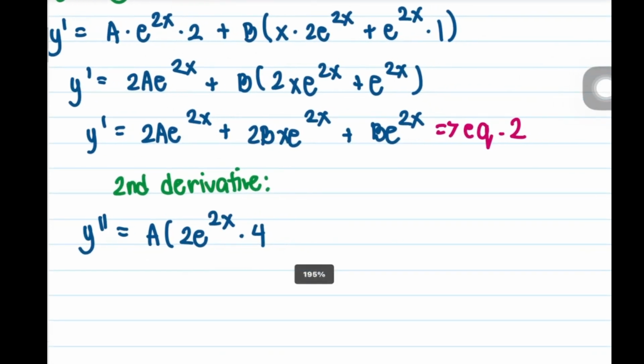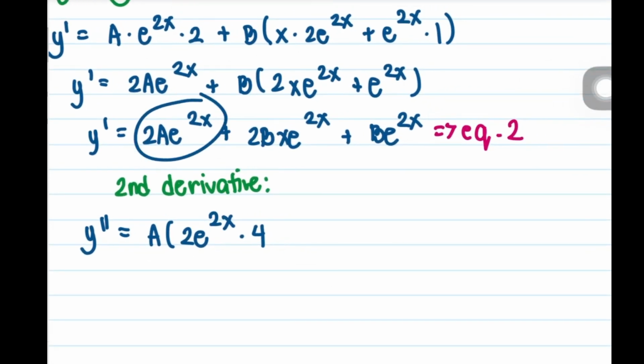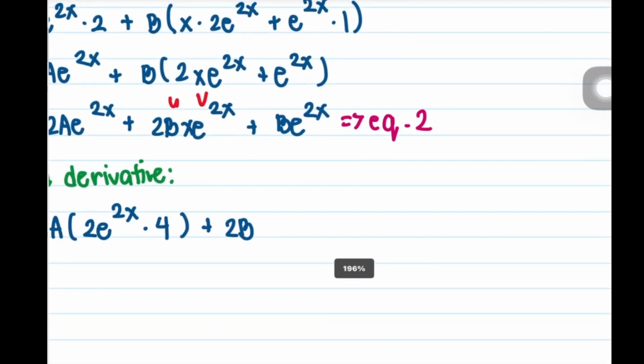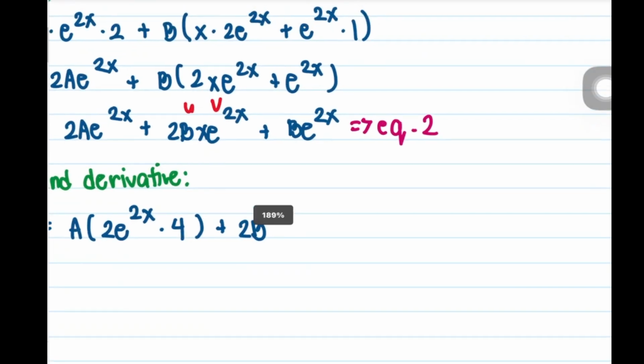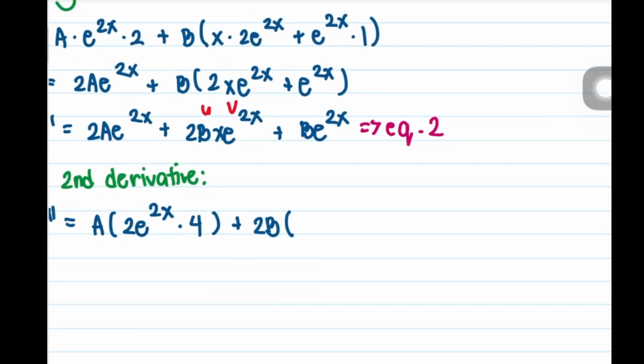So that one will be the derivative of this one. Next will be the derivative of this one. So we also have here the product rule, uv. Therefore, this one is plus 2b. Let me set aside the constants.